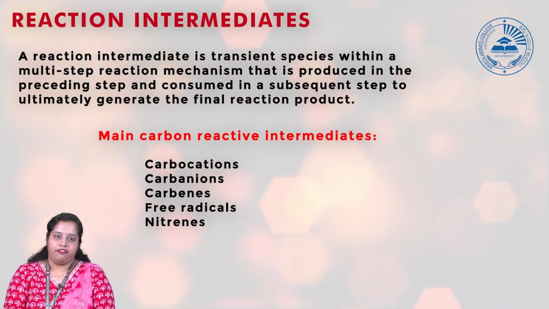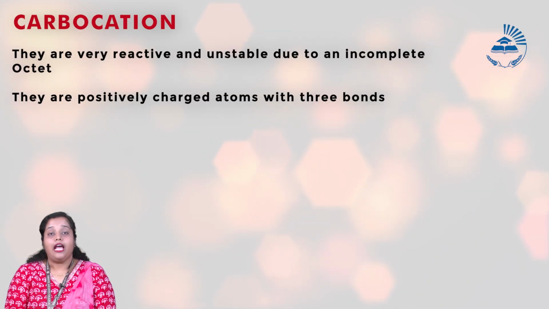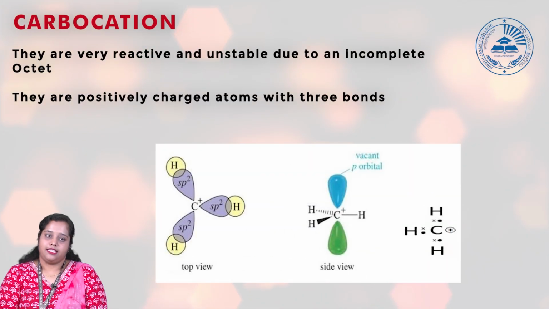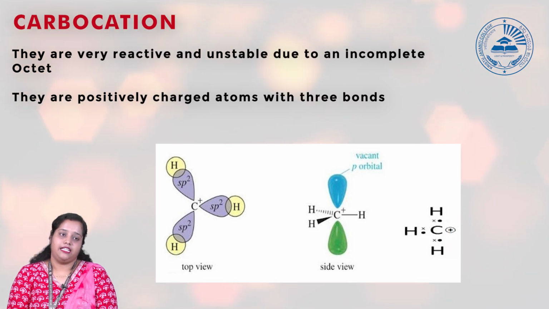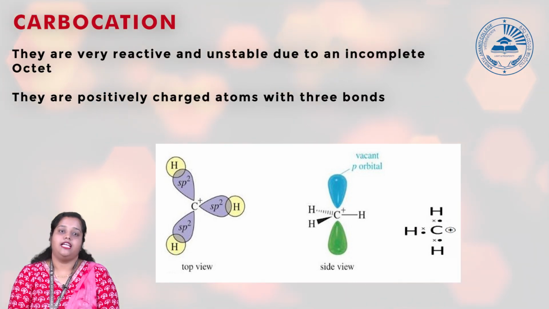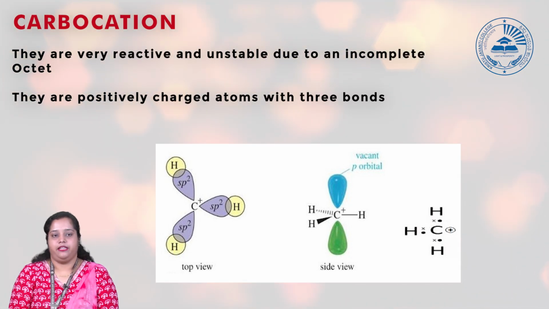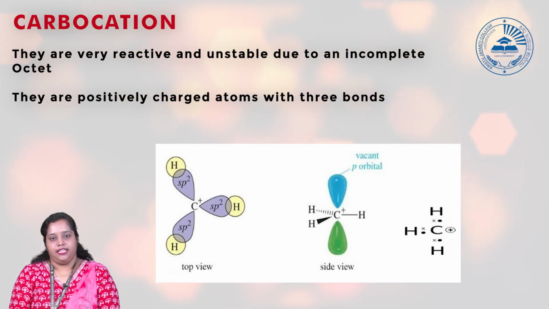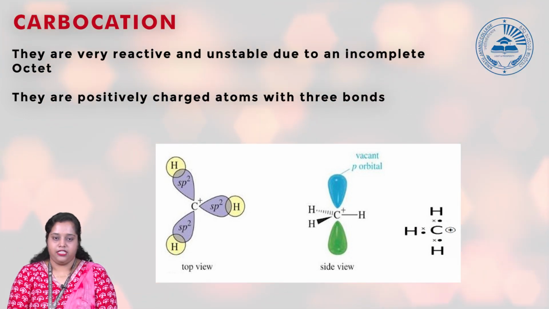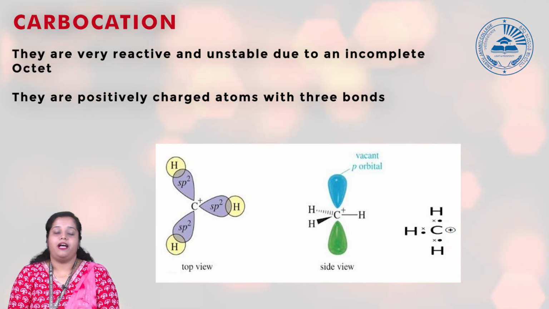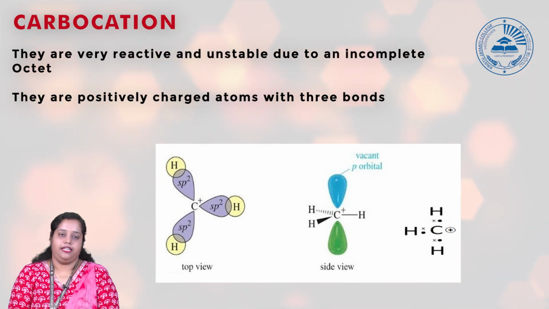So, first we have carbocation here. What are carbocations? Carbocations are organic ions which contain positively charged atoms and are called carbocations, carbonium ions or carbanium ions. A carbocation can either be a carbanium ion, a trivalent positive species, or a carbonium ion, a pentavalent positive species, also termed a non-classical carbocation.